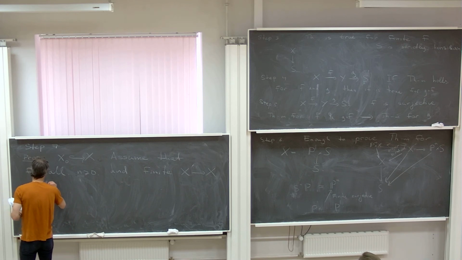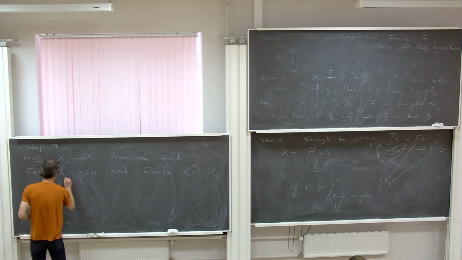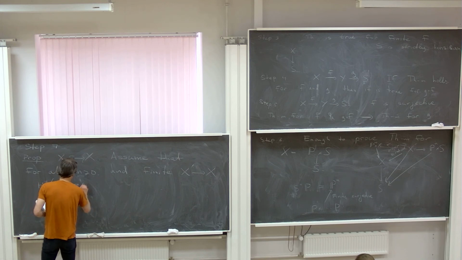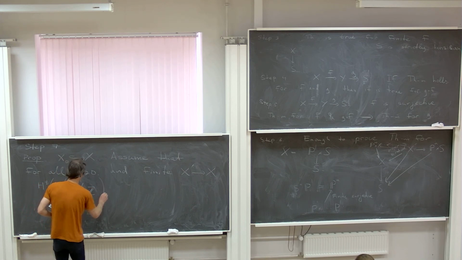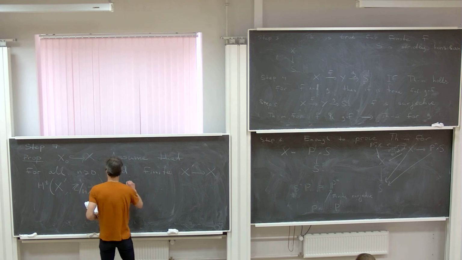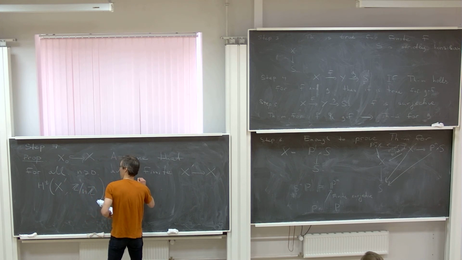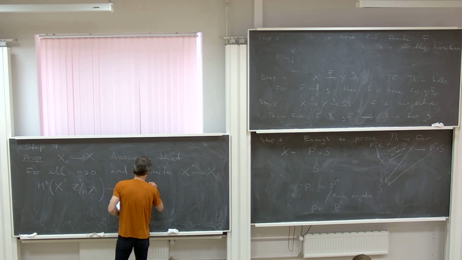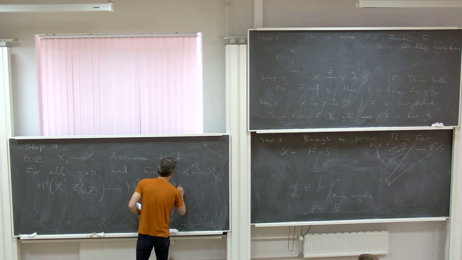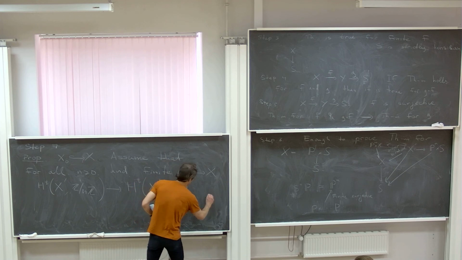The map from homology of X prime with Z mod n coefficients to homology of X0 prime with Z mod n coefficients. What is X0 prime?